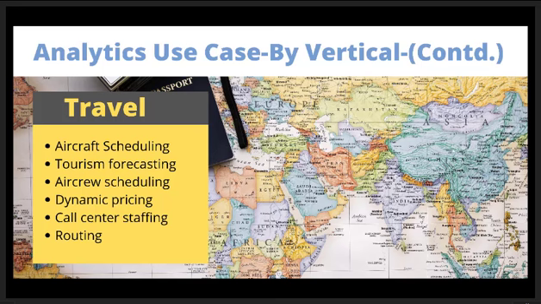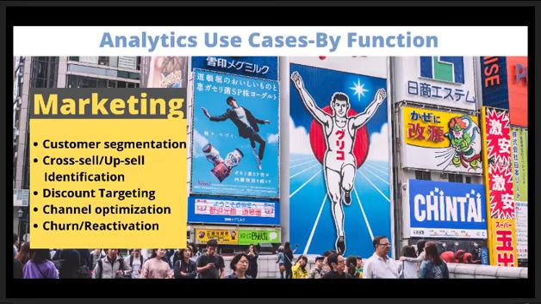So let's start with marketing. As you all know, marketing covers product design, how to make a good product, and how to retain the customers that you sell to. In marketing, the applications of analytics are in customer segmentation and cross-sell and upsell. So let's take these two examples.